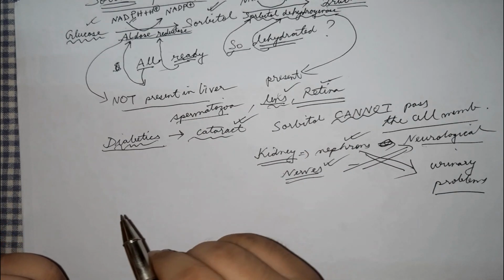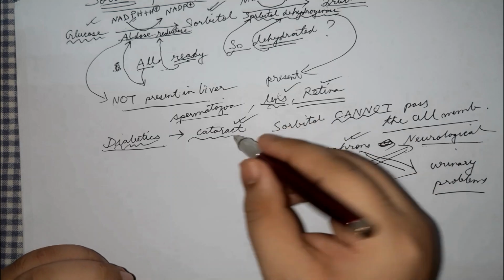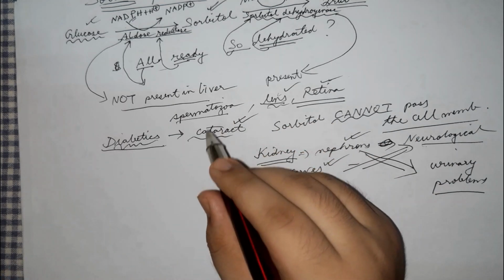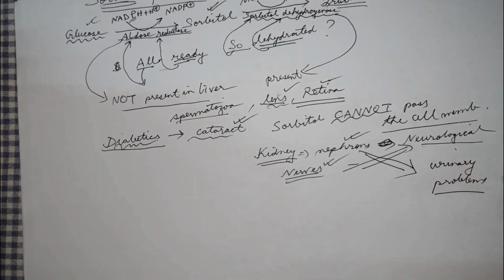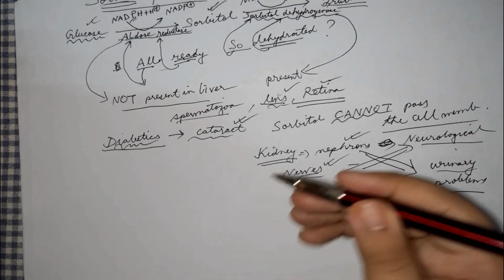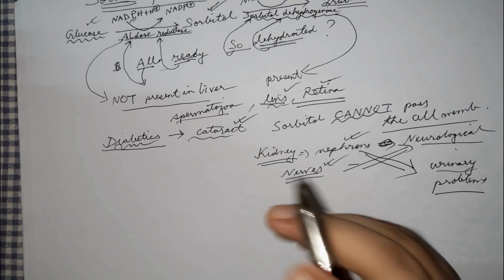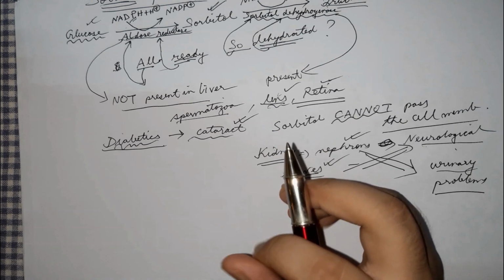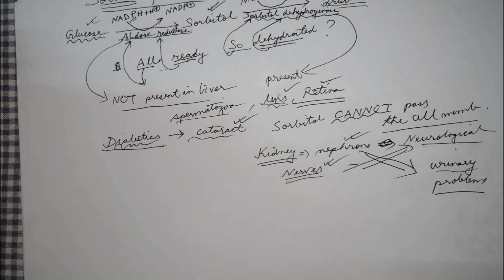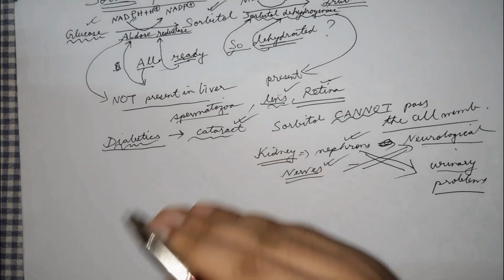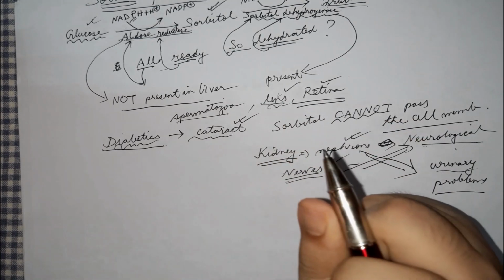So diabetics have a high risk of cataract, glaucoma, eye problems, neurological and neuropathic problems, urinary problems, and vascular problems, only because of the accumulation of sorbitol-like compounds which cannot cross the cell membrane and hence accumulate.